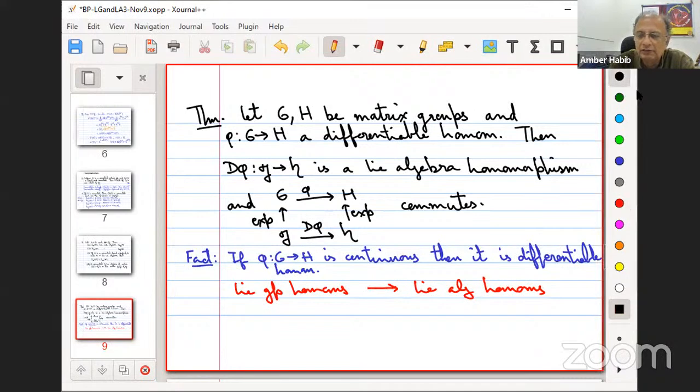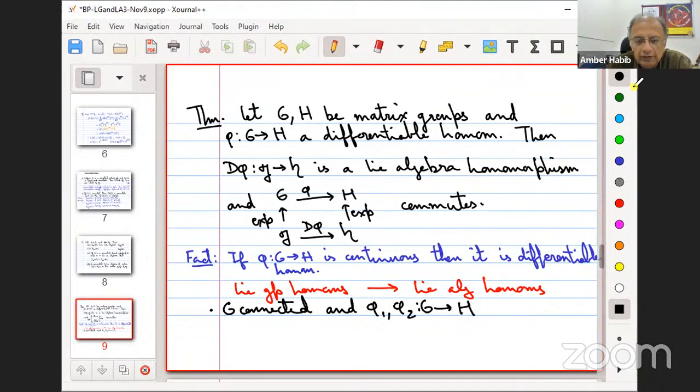The first one we may not be surprised by. So if G is connected, and I have two differentiable homomorphisms phi1, phi2 from G to H, such that d phi1 equals d phi2, so they're inducing the same Lie algebra homomorphism. Then at least I will have phi1 equal to phi2. And why do I need connected?